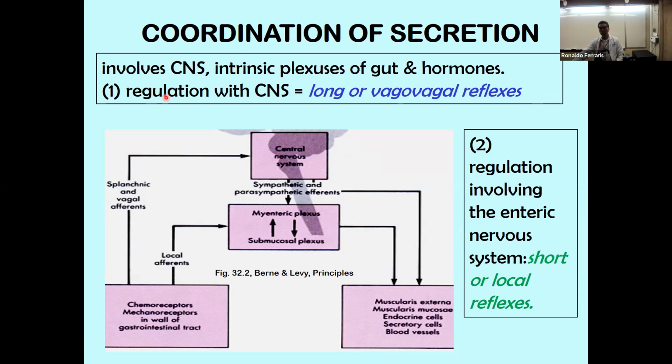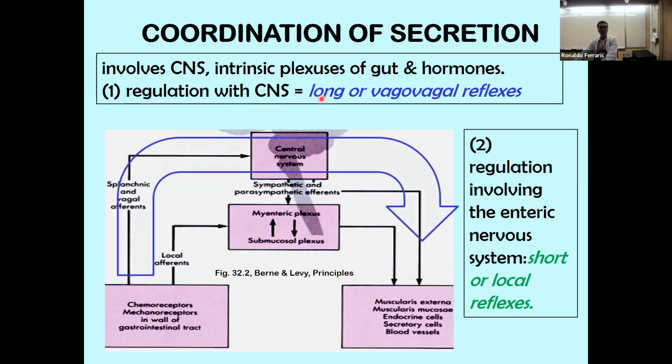And when it involves nerves, there are two kinds of neural control. If it involves the central nervous system, as shown here, your books call it a long reflex or a vagovagal reflex. If it doesn't involve the central nervous system and the signaling is only among nerves within the GI tract, the enteric nervous system, then that is called a short or local reflex.